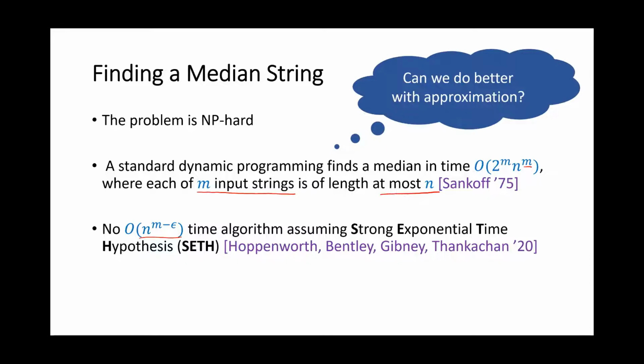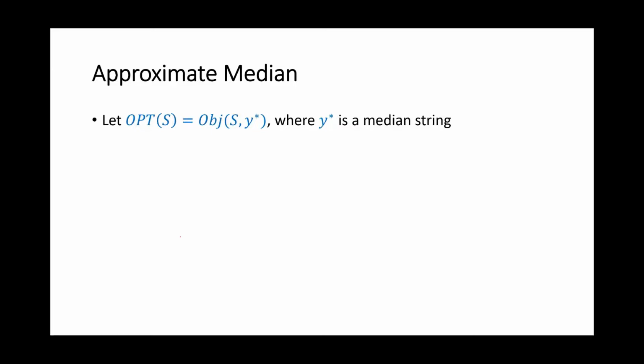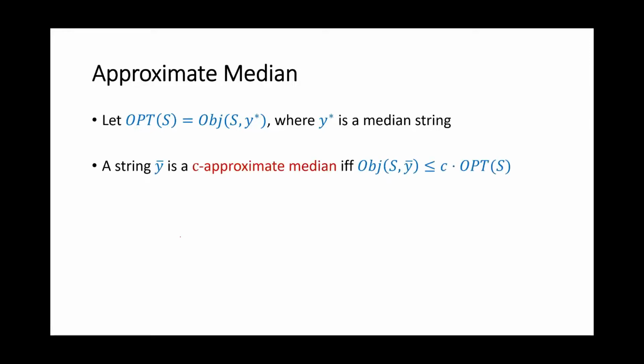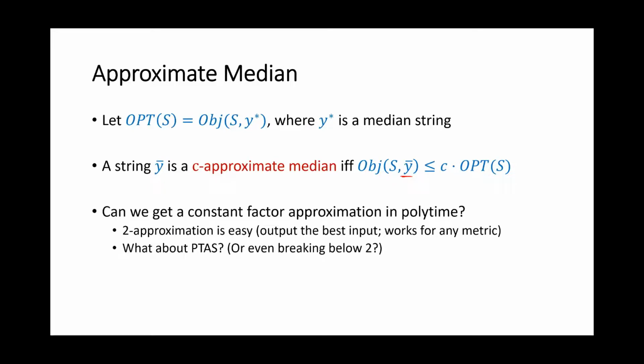But what about approximation? Can we do something better? So let's quickly define what I mean by approximate median. Suppose opt is the optimum objective value attained by this median string Y star. Now a string Y bar is a C-approximate median if the objective value with respect to Y bar is at most C times the optimum objective value.